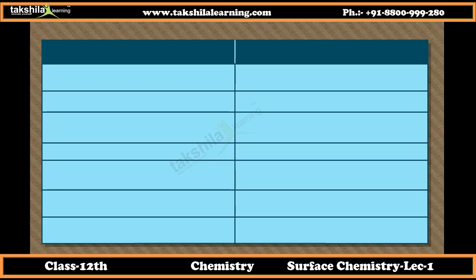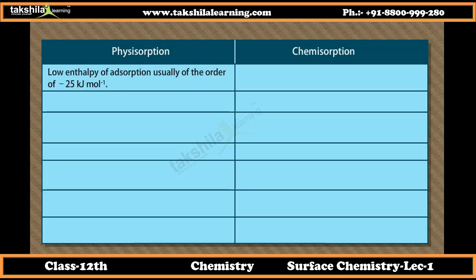Comparison between Physisorption and Chemisorption. The important differences between Physisorption and Chemisorption are: low enthalpy of Physisorption, usually of the order of minus 25 kJ per mole, whereas high enthalpy of Chemisorption, usually of the order of minus 200 kJ per mole.